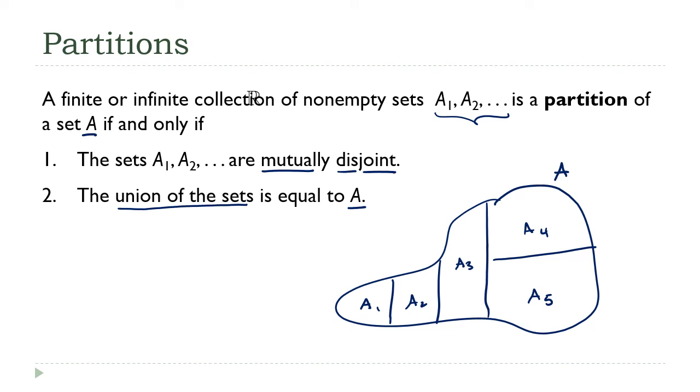Okay, so these individual sets, assuming I handle the borders correctly, yes, it looks a little bit like they overlap at the border, but assuming that there is no overlap at the border, assuming that these A sub i are mutually disjoint, then their union, if you take them all together, they make up this parent set. So I would say that these 5 sets are a partition of this greater set A.